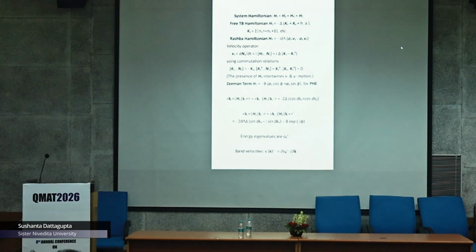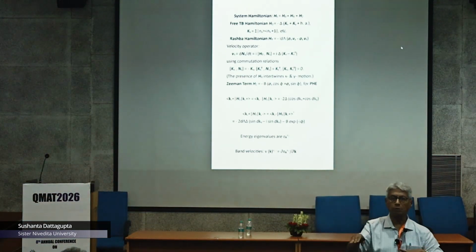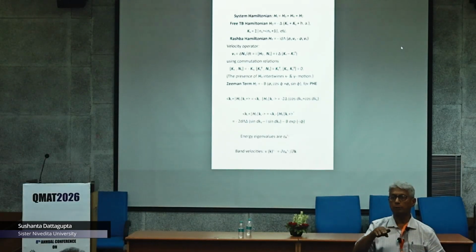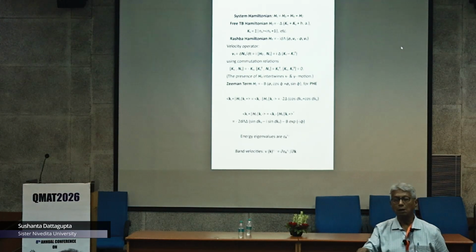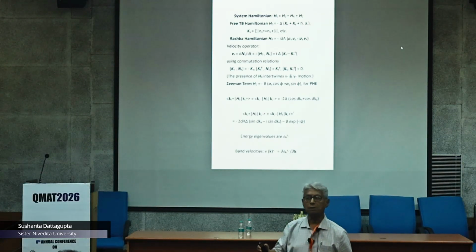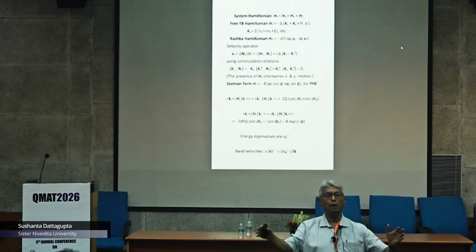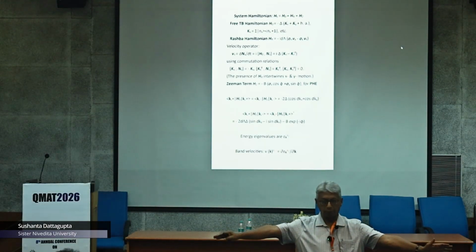Now, what is the experimental situation? The experimental situation is that you have a tight binding Hamiltonian, you have a spin-orbit interaction, and you also have a Zeeman interaction. You allow the system sufficiently long time so that the entire system has come to thermal equilibrium, right?